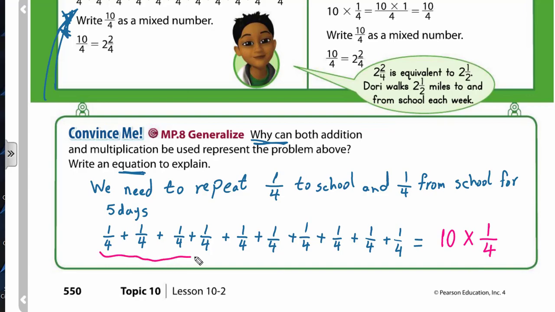Okay, so this is 10 times, as you can see, because I want to make sure: 1, 2, 3, 4, 5, 6, 7, 8, 9, 10. Yes, they are 10.